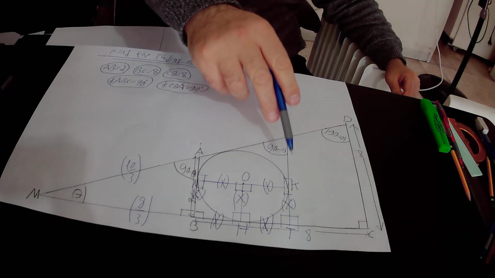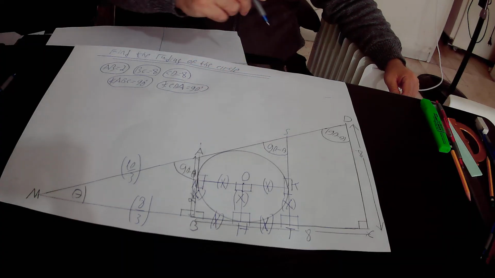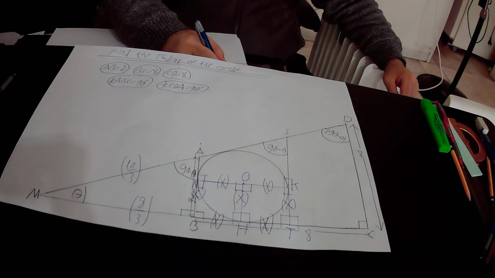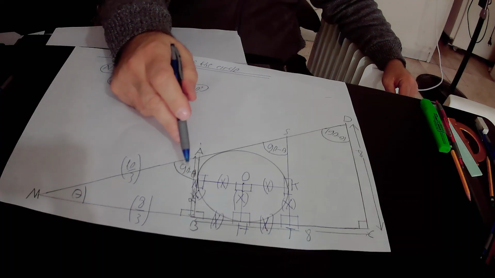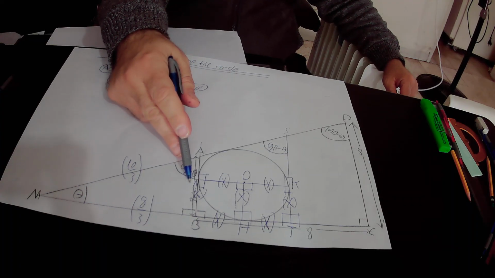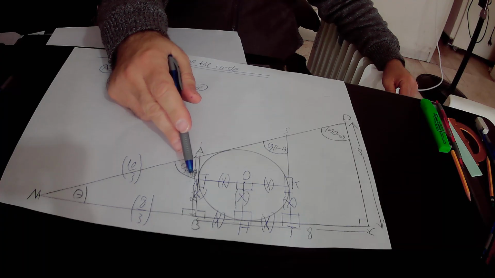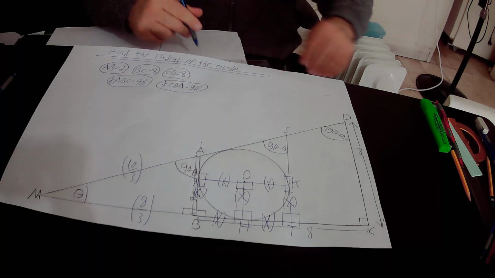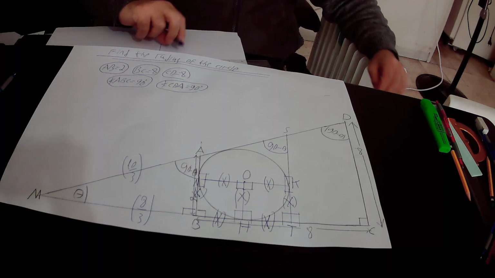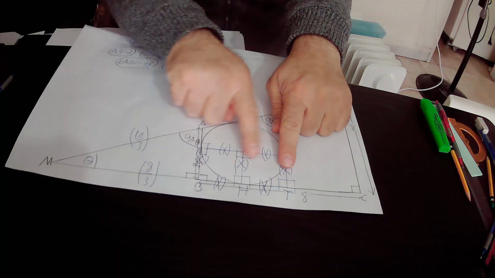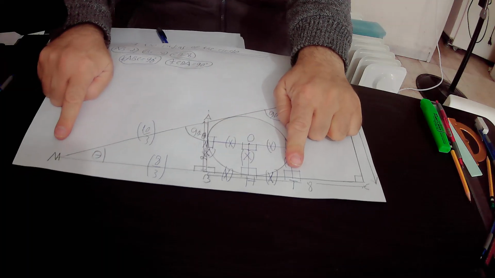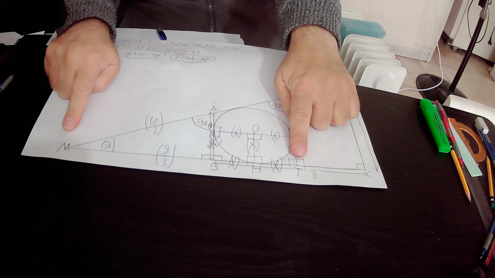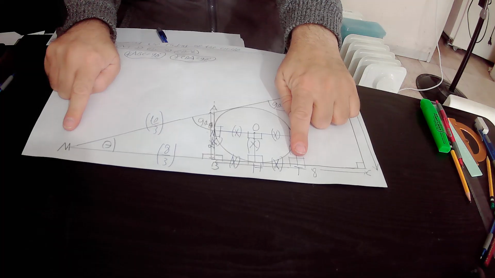Side ST is the missing side, so we will leave it as it is over AB. Here AB equals 2 units, so we substitute AB by 2. And it equals side TM. What is the length of TM? From the drawing it is very easy to see that TM in total equals TB plus BM.